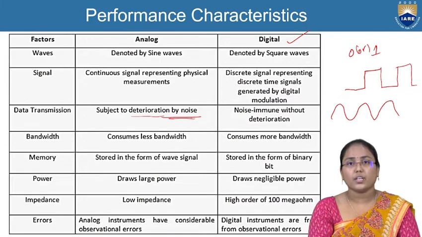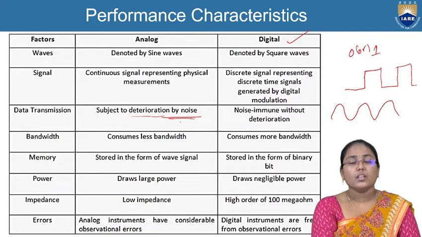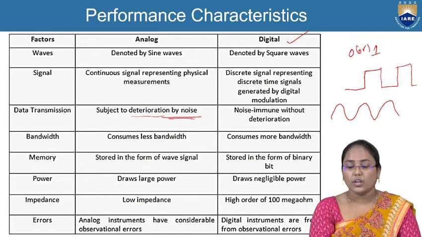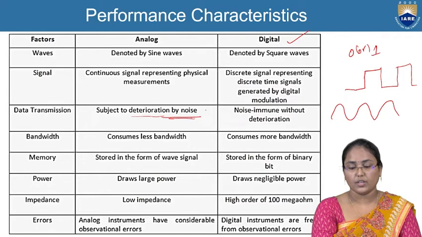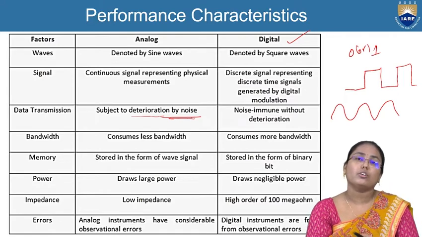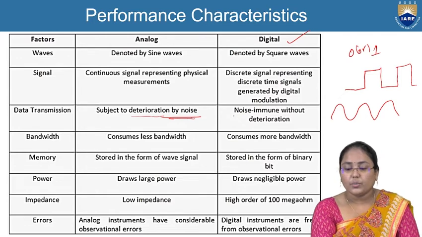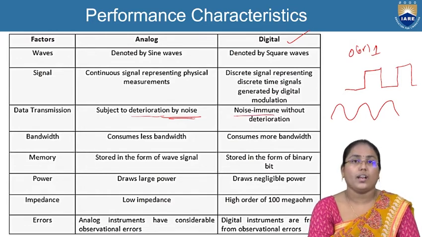So in such a scenario of noise, the analog signal can be deteriorated, whereas the digital signal is noise immune without any deterioration. So when we use a digital signal to transmit data, it is immune to noise compared to the analog signals.